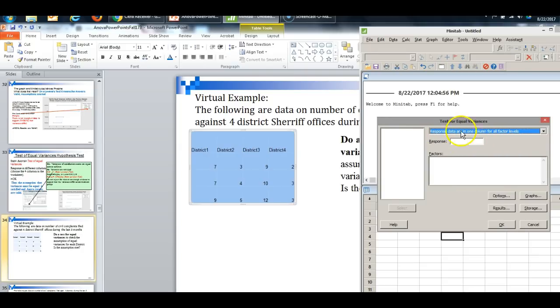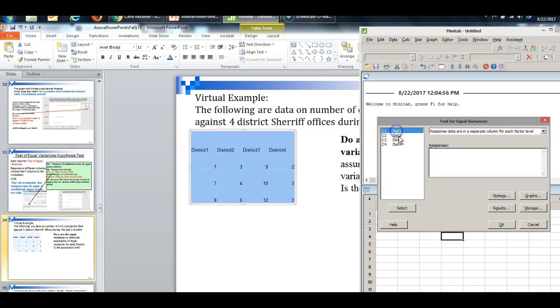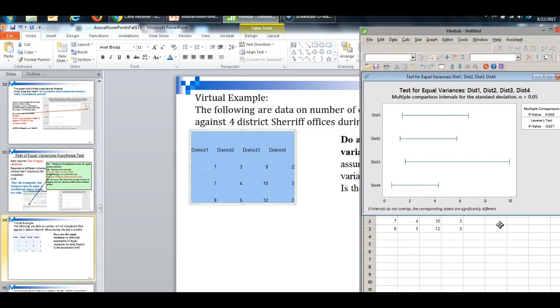Response data are in one column for all factor levels? No, they're in multiple columns: District 1, 2, 3, and 4. We put in these columns and then just say okay.